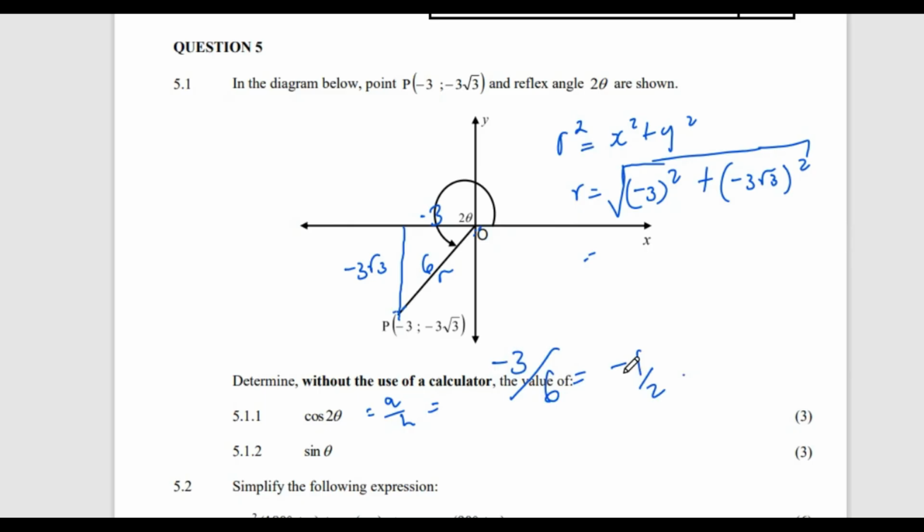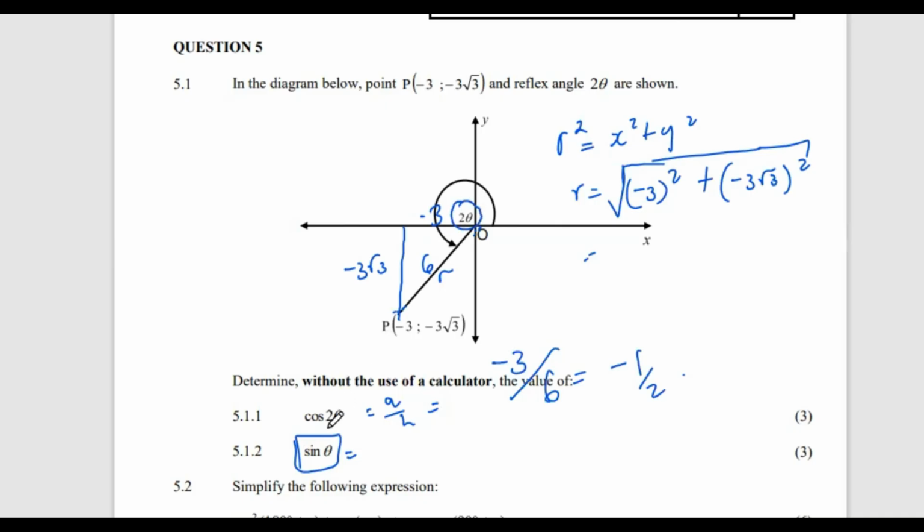All right, then they want the sine of theta. So it will be your choice on how you come about with the sine theta. But remember, the question gave us a double angle.